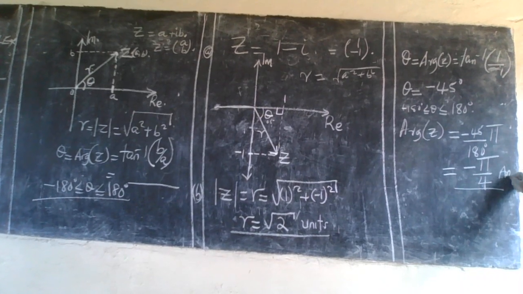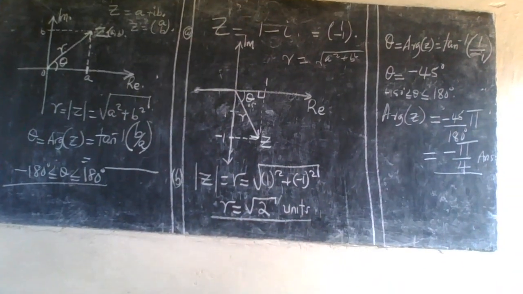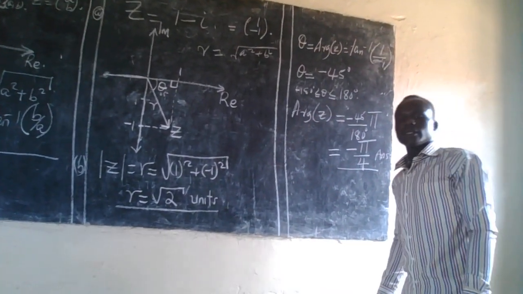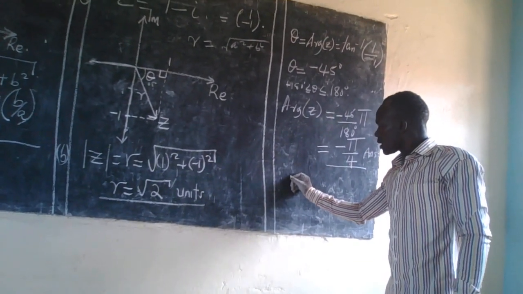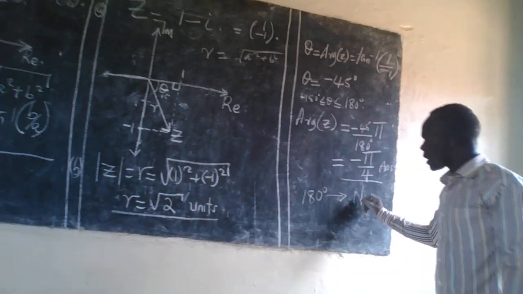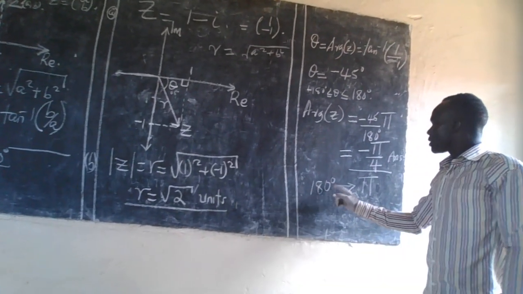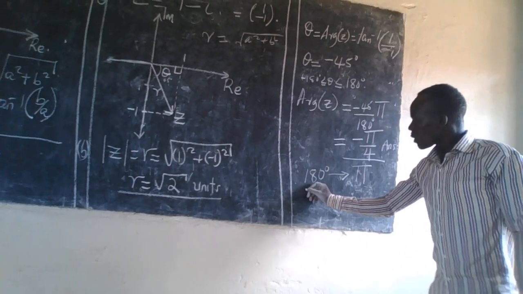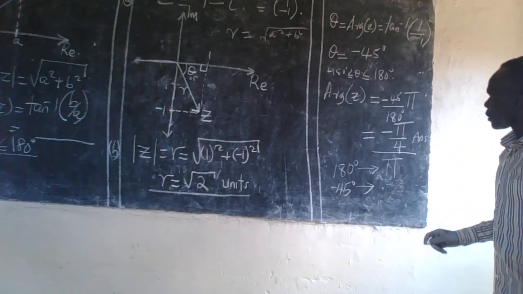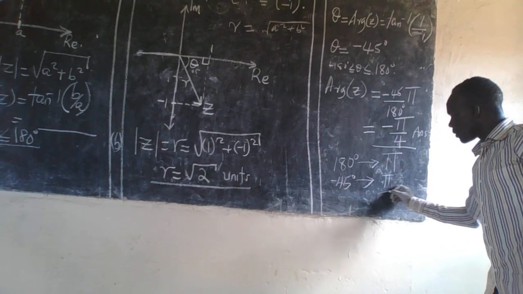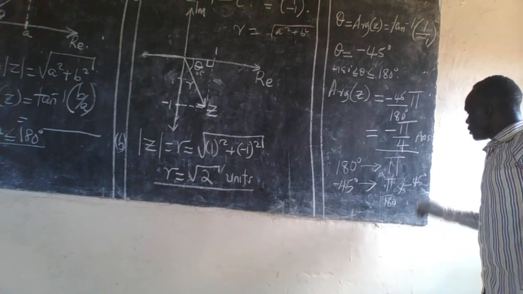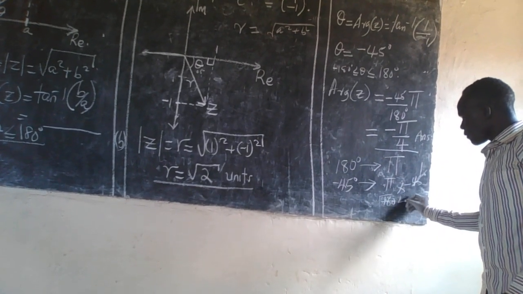For those who don't know how to convert from degrees to radians, we say 180 degrees is equivalent to pi. If 180 degrees gives us pi, what about negative 45 degrees? Negative 45 degrees will be equal to pi divided by 180 times negative 45. 45 into 45 is 1, 45 into 180 is 4.